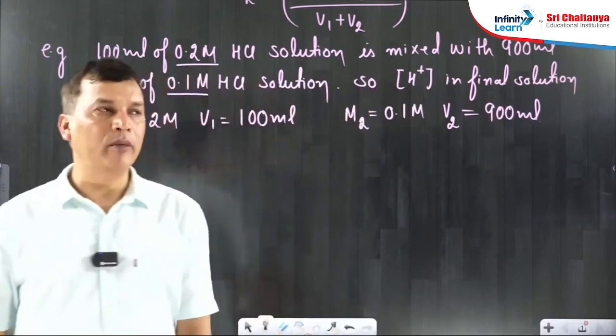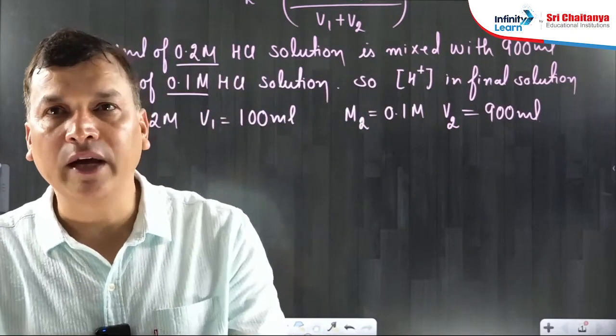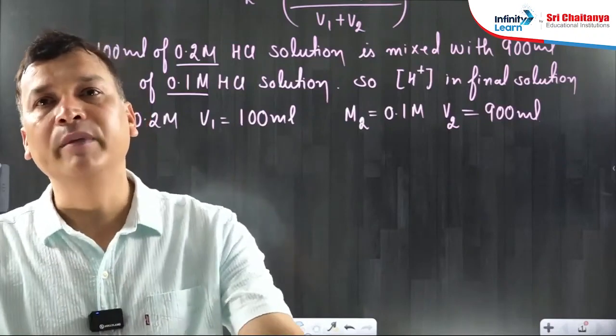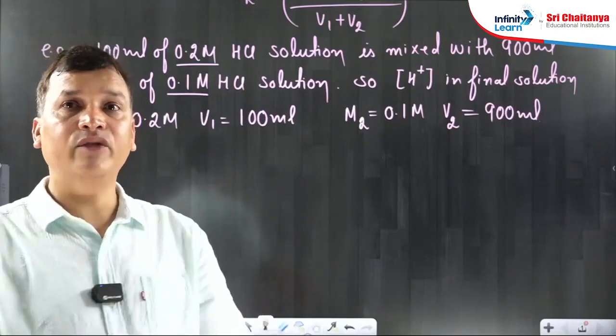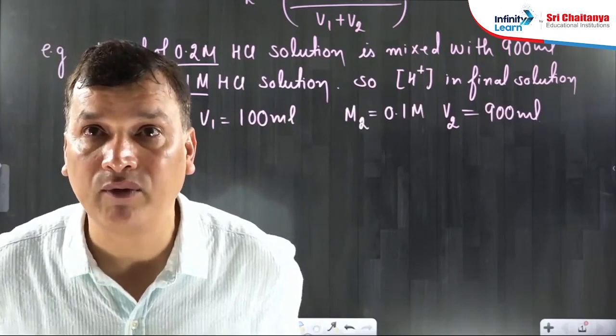So please respond, is it clear or not? We have two solutions of hydrochloric acid with different molarity, and they are mixed to each other in different volumes, and we have to find out the result.